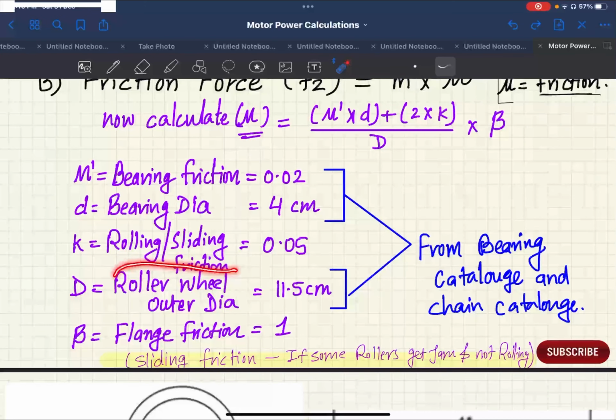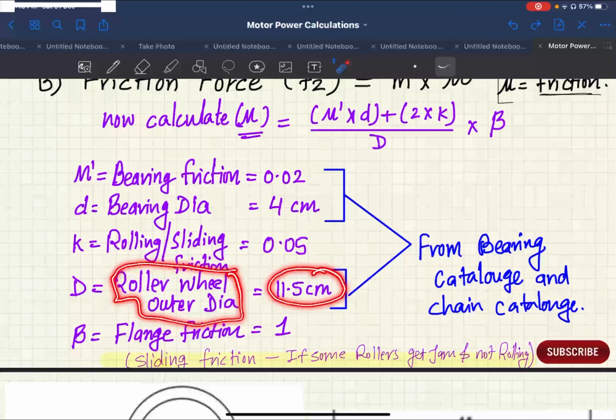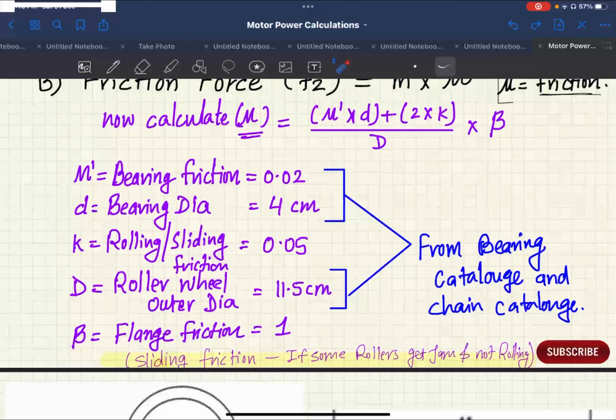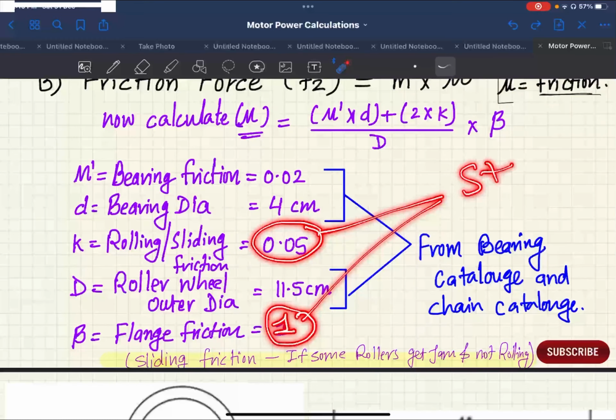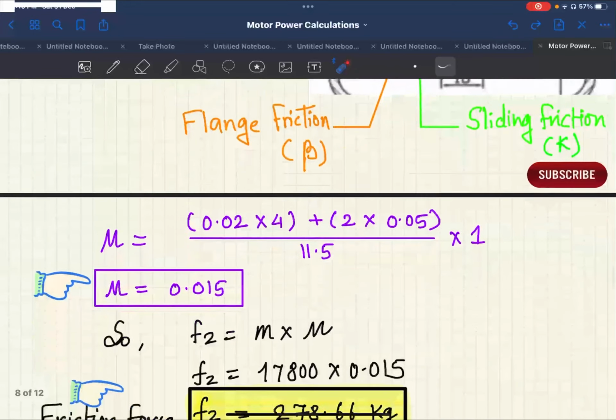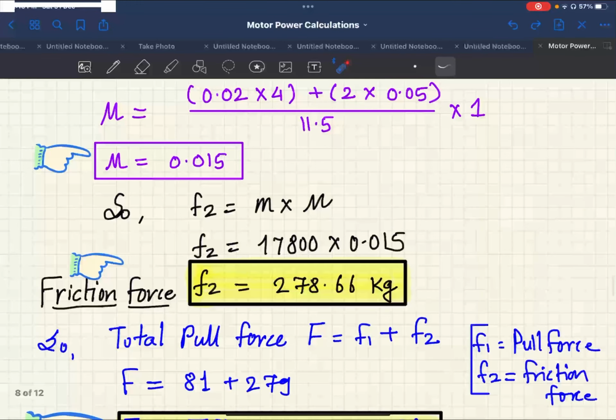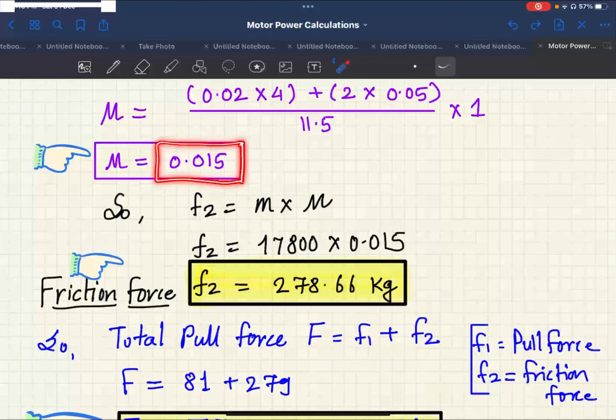Capital D is the roller wheel outer diameter. This is again from the catalog of the rollers, or you can say the chain or trolley. Beta is the flange friction, we always consider 1. So both these values you can consider as standard values. We will put these values into the formula. So mu equals 0.015 is the value.